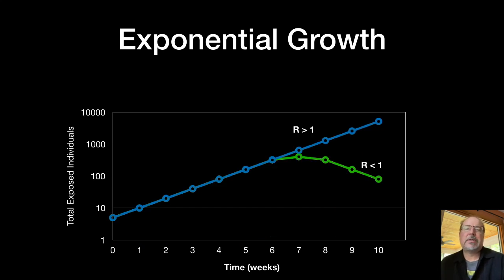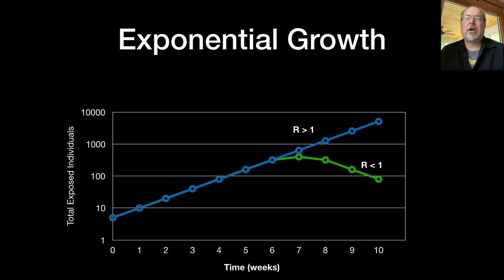So you can see this blue graph is showing that R equals 2 and the infection is growing exponentially. It goes up in a straight line on this particular graph, and if R is less than 1, it will have a downward slope, and the infection is being controlled.